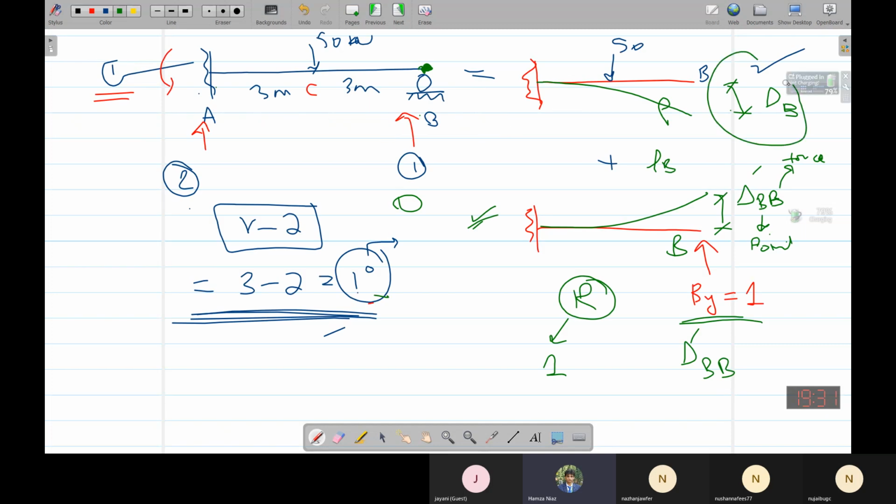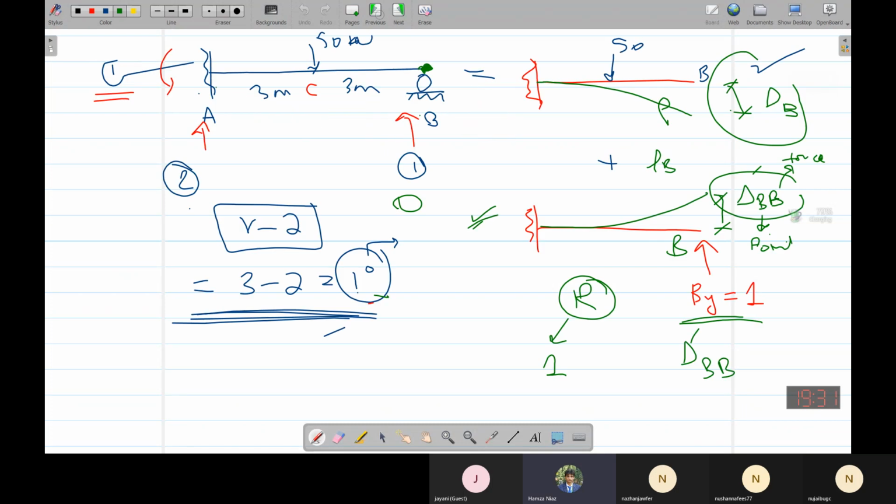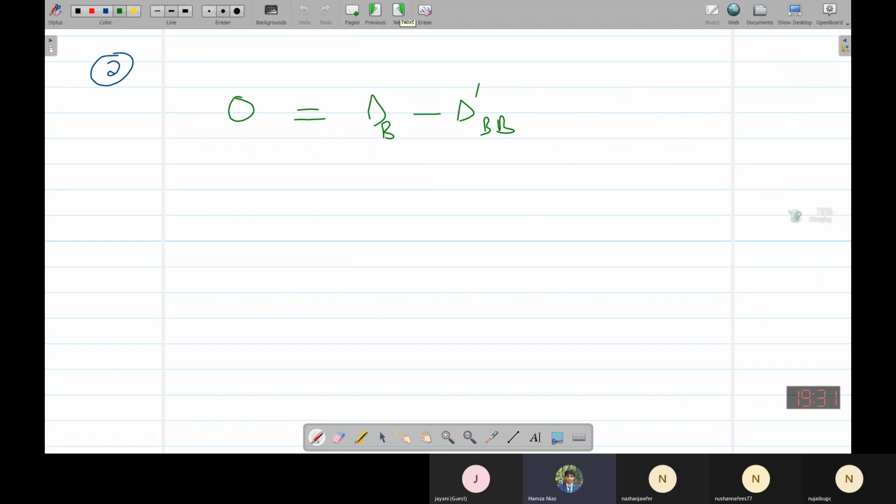So we can write 0 is equal to delta B minus delta dash BB. Why the negative sign? Because these two deflections are in opposite directions. Delta B is downward, delta dash BB is upward. So we can put the negative sign with either one. We can write minus delta B plus delta dash BB. It does not matter. And 0 because here the deflection is 0. Okay, this is just a compatibility equation.